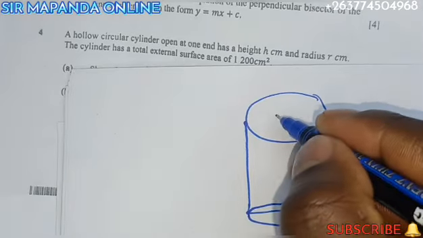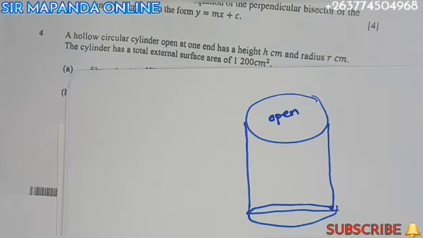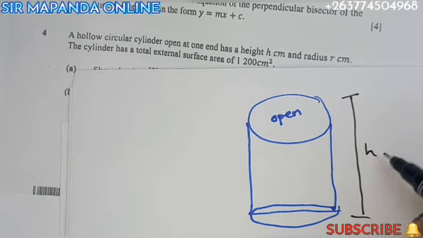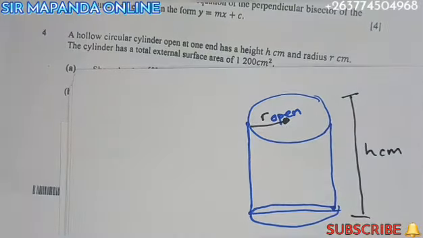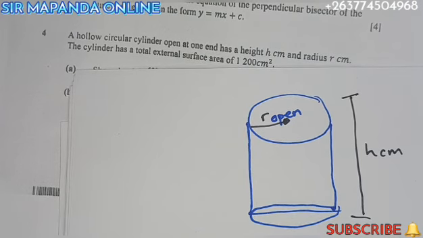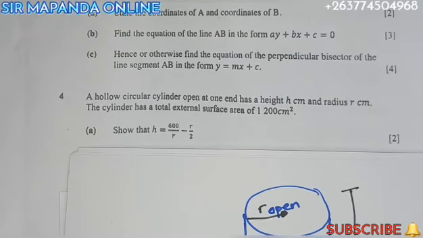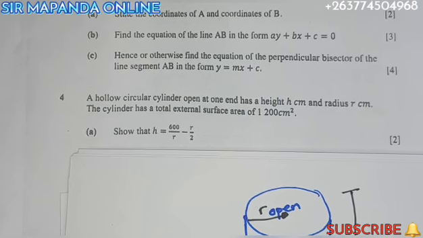They are saying the top of the cylinder is open, but the bottom of the cylinder is closed. Then the height of the cylinder is h centimeters, radius is r. So this is the cylinder. The bottom of the cylinder is closed. The cylinder has a total external surface area of 1,200 square centimeters.